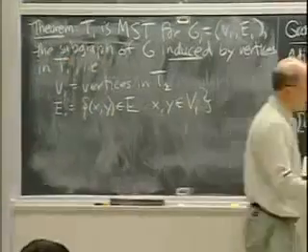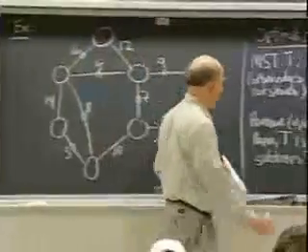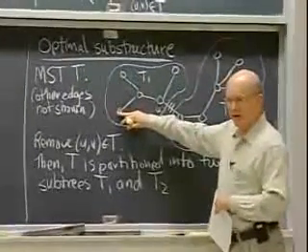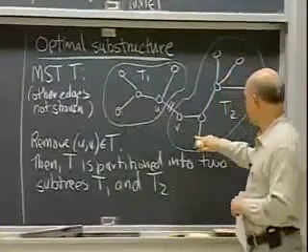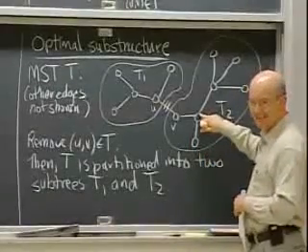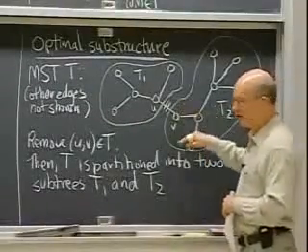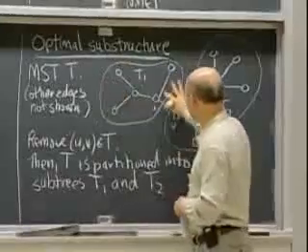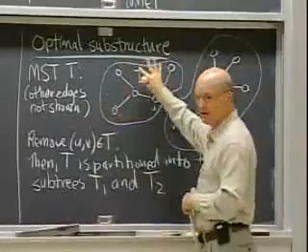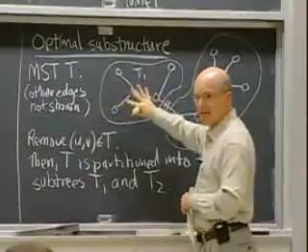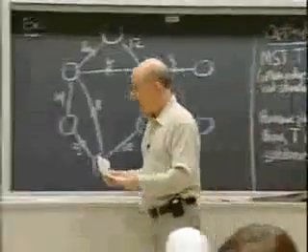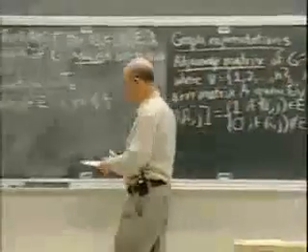So I haven't shown the edges of G here, but basically, if an edge went from here to here, that would be in E1. If it went from here to here, it would not. And if it went from here to here, it would not. So the subgraph induced by the vertices of T1 are just those edges that connect up things in V1. And similarly for T2.